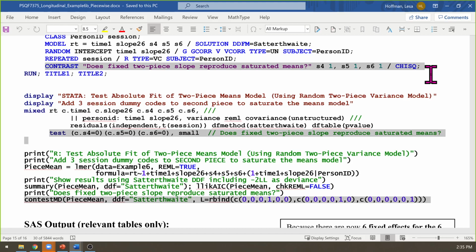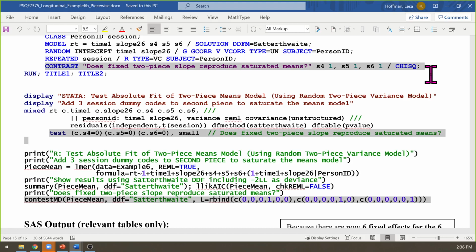So in terms of the logic, what I'm asking for is to take the 3 fixed slopes that I've added and test their significance as a set. It's the same idea as the F-test for a regression model. If these were the only 3 slopes in the model, it's exactly the same thing as asking if the model R² increases significantly by adding these 3 new things.